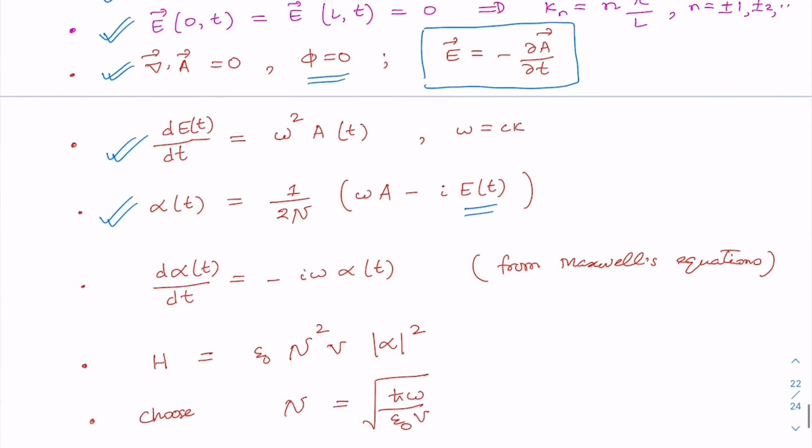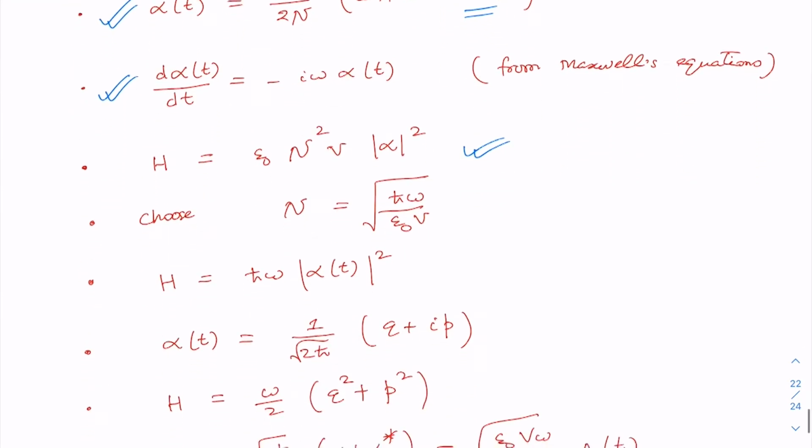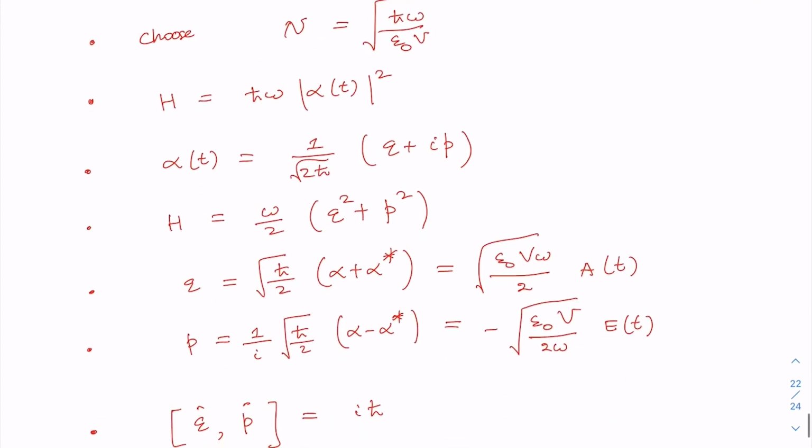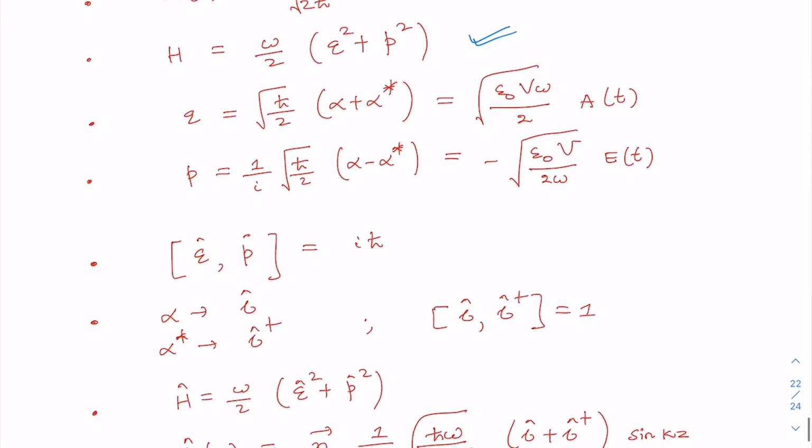Then we wrote down the Hamiltonian like this, and ultimately showed that even a standing electromagnetic wave behaves like a harmonic oscillator, and the quantization was straightforward. Again we got the canonically conjugate variables Q and P.